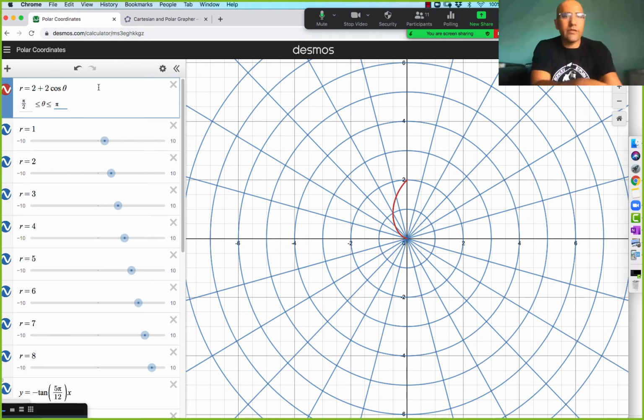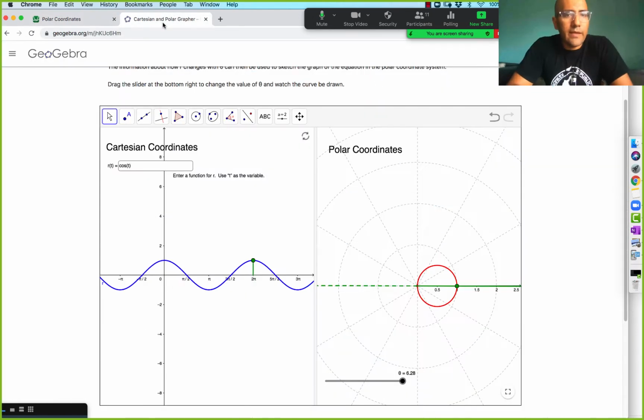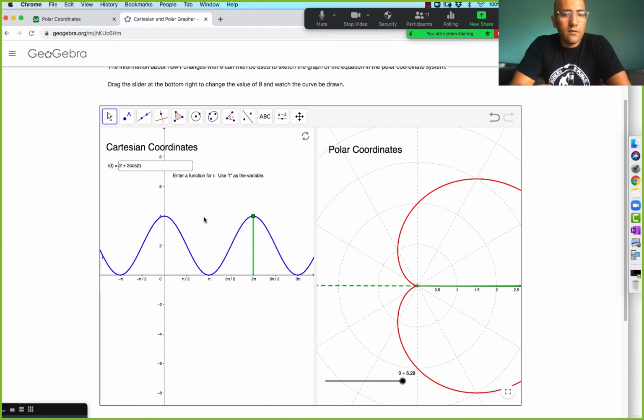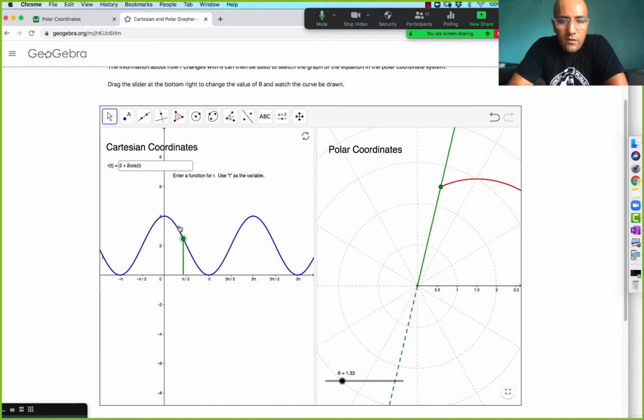Nothing pretty. I also pulled up a GeoGebra graphing tool. See what this looks like here. So let's type in 2 plus 2 cosine of t. Okay, so here's 1 period of the cosine function. And, oh, good. Okay, this is a nice little grid.